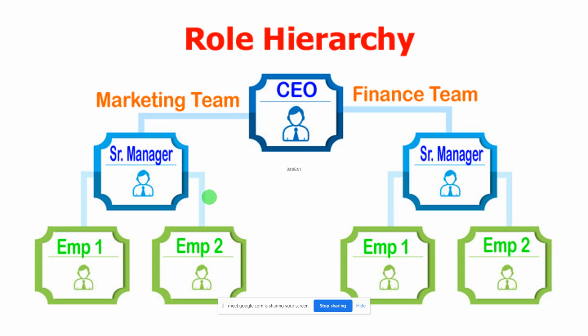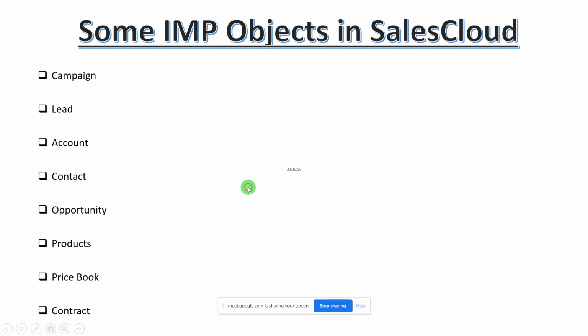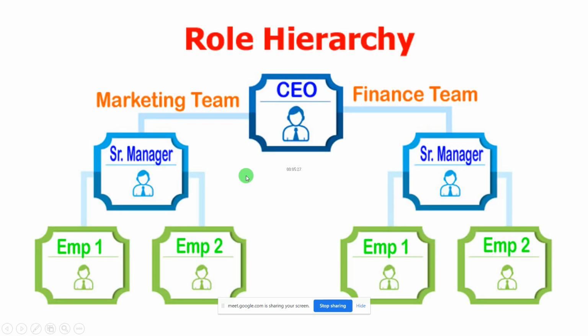Within 3 days, the senior manager has to approve the leave. In case it is not approved, automatically a mail goes to the CEO. So the immediate approver is the senior manager. In case he is not approving or rejecting, then the CEO will have access to approve or reject. This is the concept of approval process.